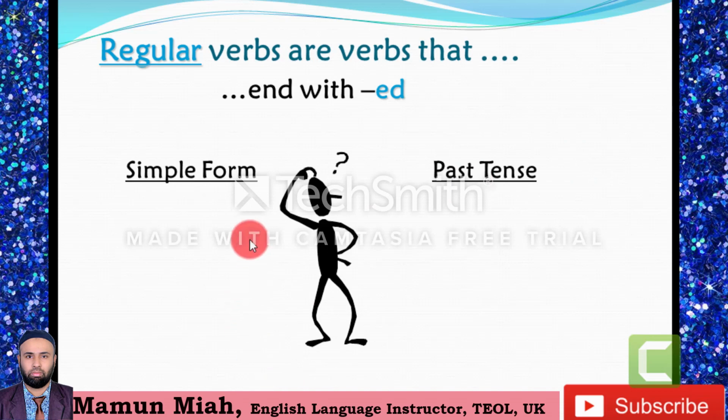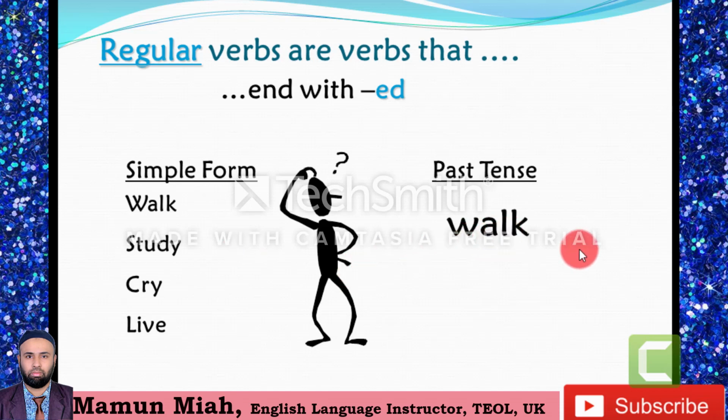Here are some examples: simple form and past tense, that means past form. Walk, this is the infinitive form, that means the base form of the verb. Study, cry, live.